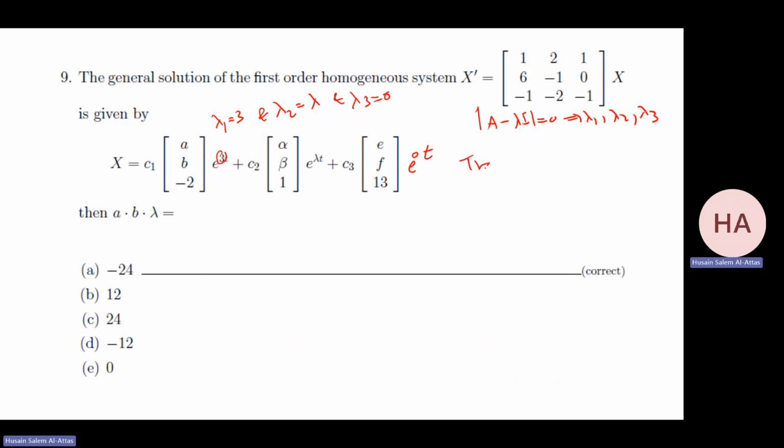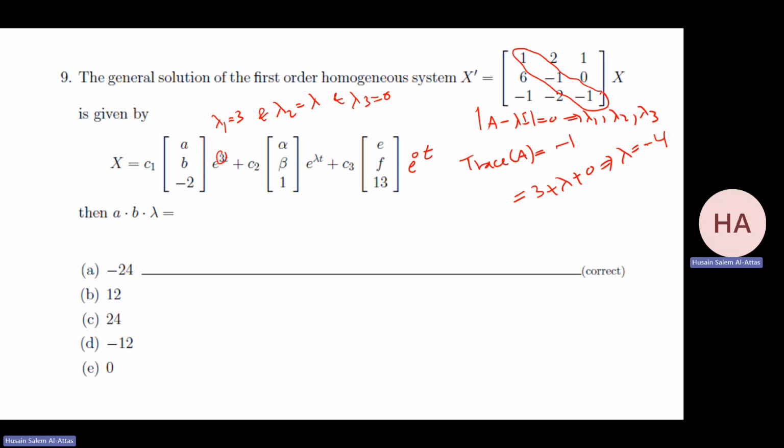So you have the trace of A, which is the sum of the diagonals, it will be -1. That should equal 3 plus lambda plus 0. So my lambda will be what? Take 3 to the other side, it will be -4.